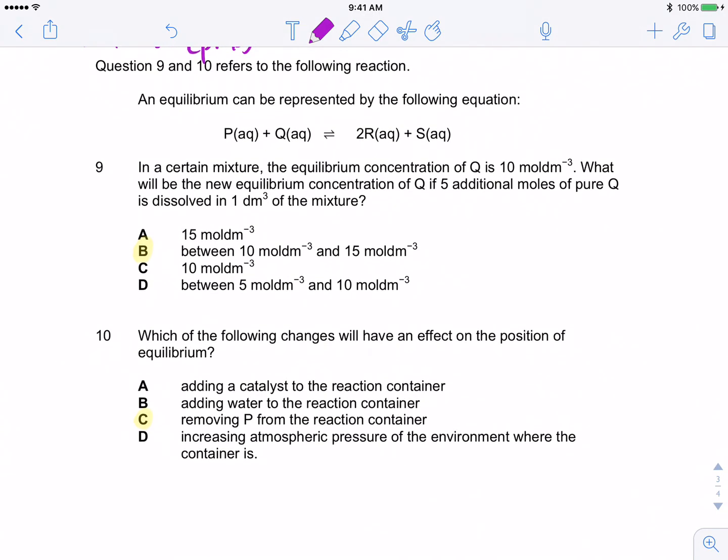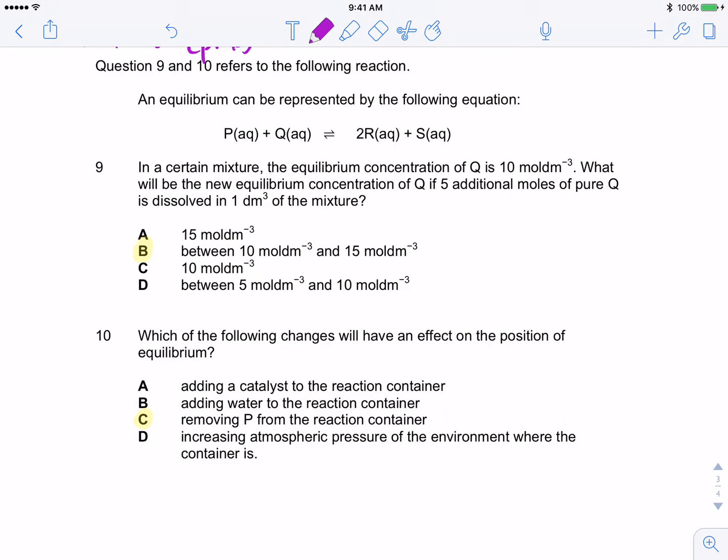Question 9 and 10 refer to the following reaction, and equilibrium can be represented by the following equation. P plus Q gives us 2R plus S. In a certain mixture, the equilibrium concentration of Q is 10 mole per dm cube. What will be the new equilibrium concentration of Q if 5 additional moles of pure Q is dissolved in 1 dm cube of the mixture?